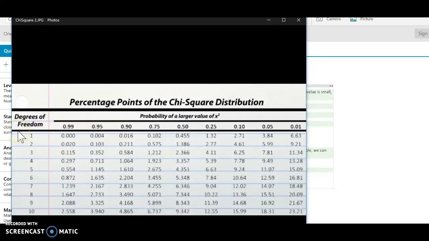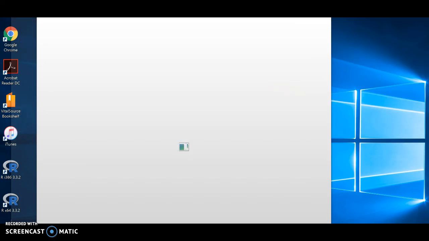Using your degrees of freedom based on your calculation using the formula provided.